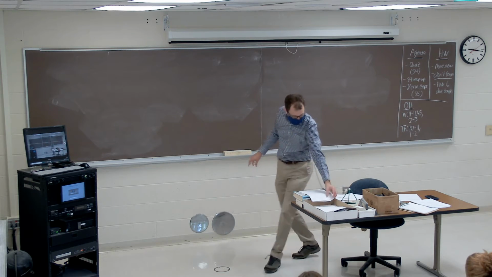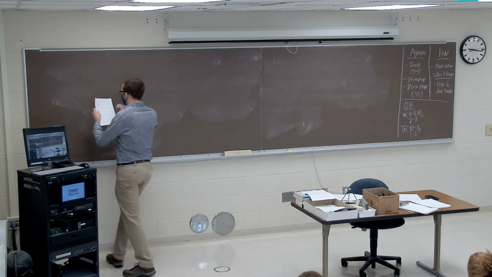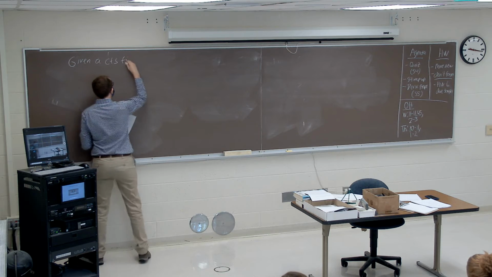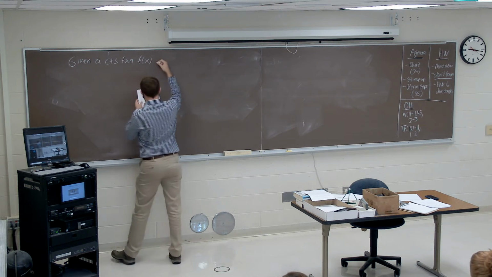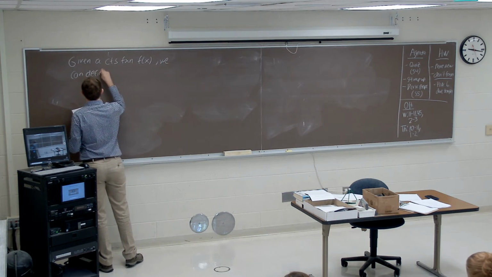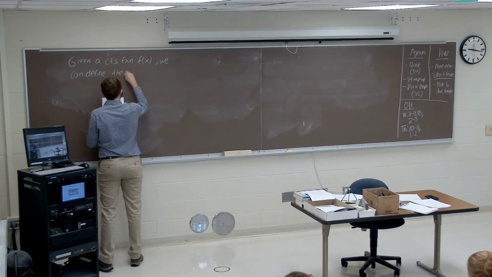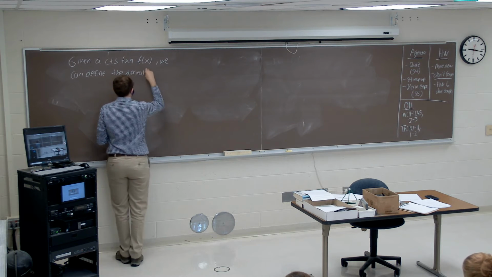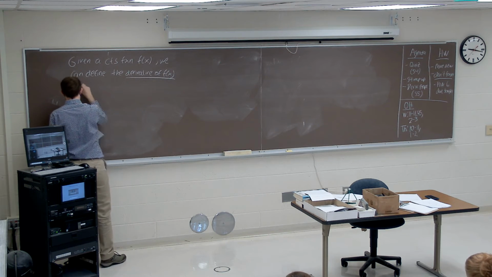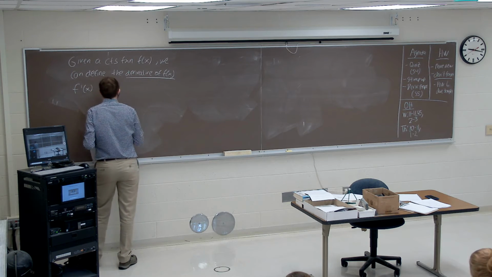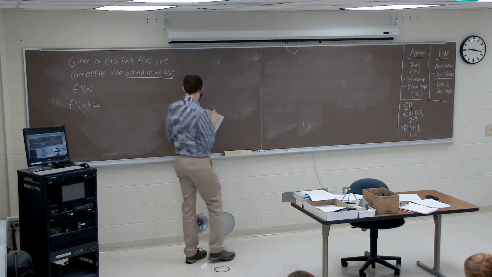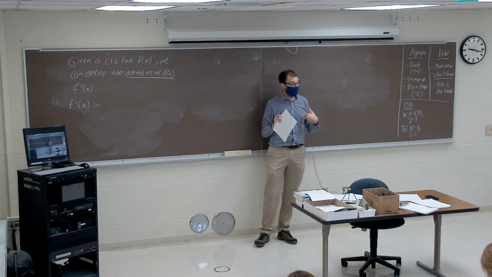So let's see. To start with, we can say that given a continuous function f of x, we can define the derivative of f of x, which we're going to denote as f prime of x, where f prime of a number x is going to be a function that takes in an x on the graph.